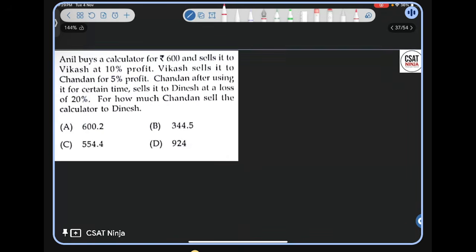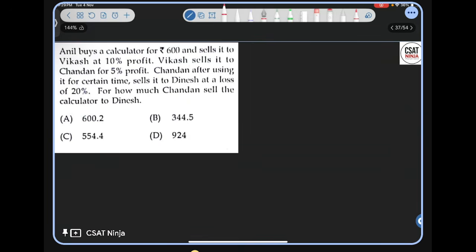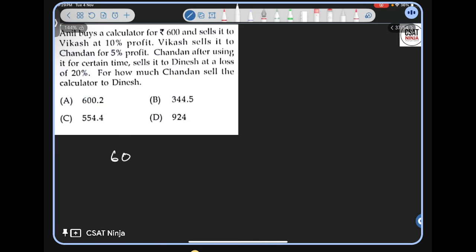Okay, next question is this. Anil buys a calculator. Okay, I think I've solved this one once, but I'll give you a shortcut today. How to solve this? Anil buys a calculator for 600 rupees and sells it to Vikash at 10% profit. So if there is 10% profit, can I say like this?